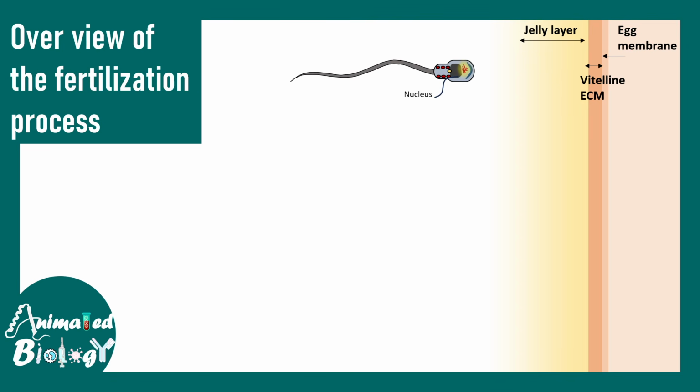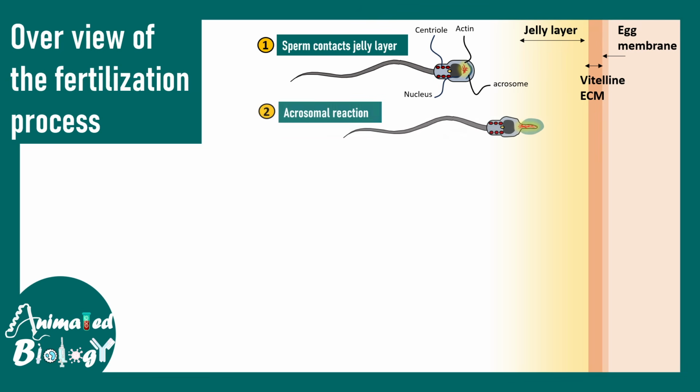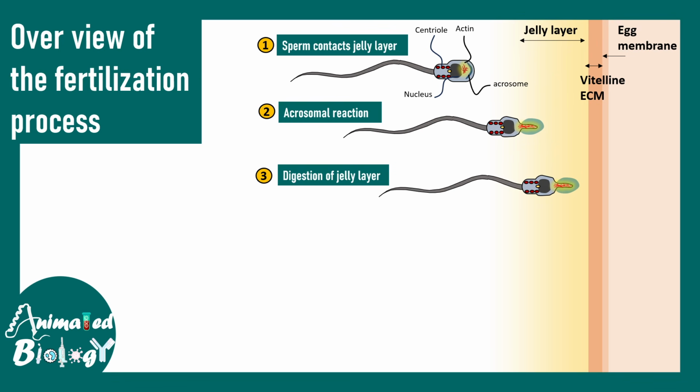So here is the sperm. Here you can see the nucleus, the acrosome, the actin filaments just behind the acrosome, and then the centriole. The sperm contacts the jelly-like layer, and then the acrosomal reaction happens. The granules present in the acrosome are now released. It helps the sperm to penetrate this jelly-like layer.